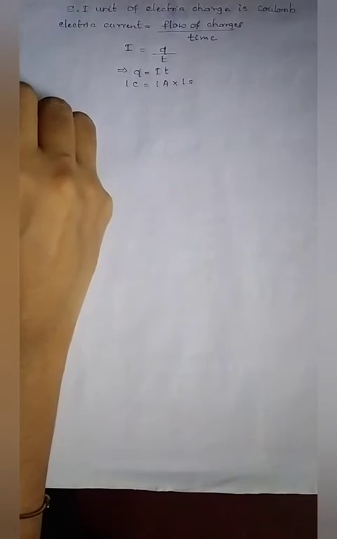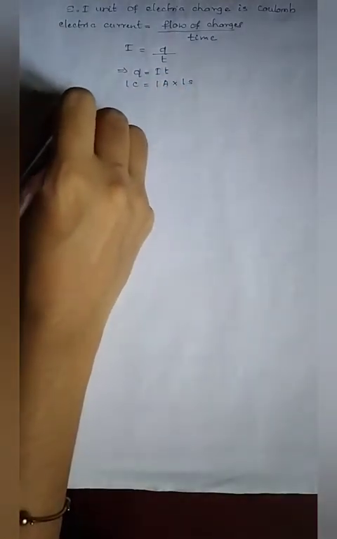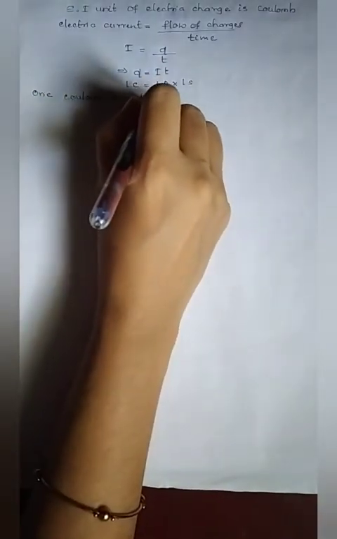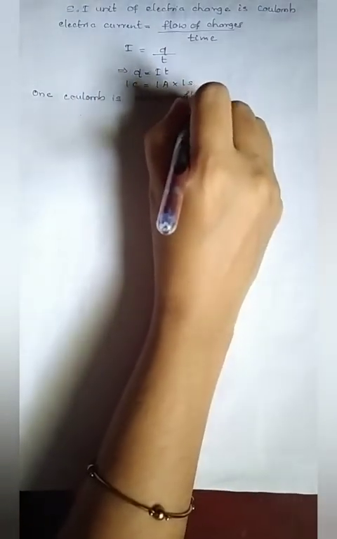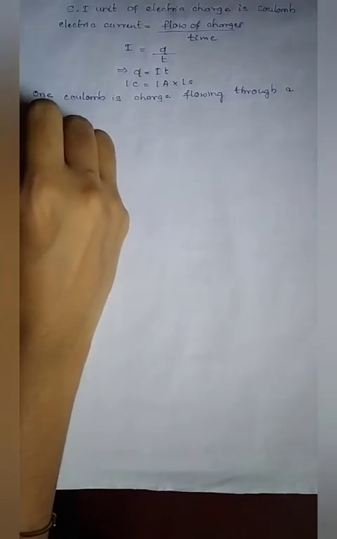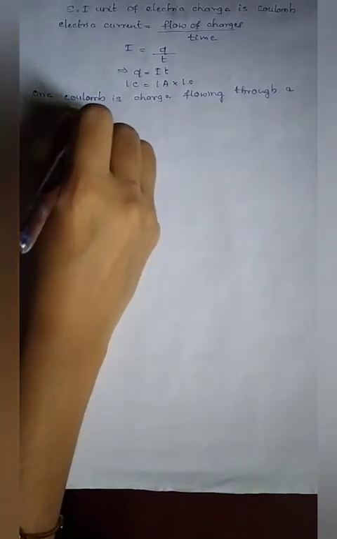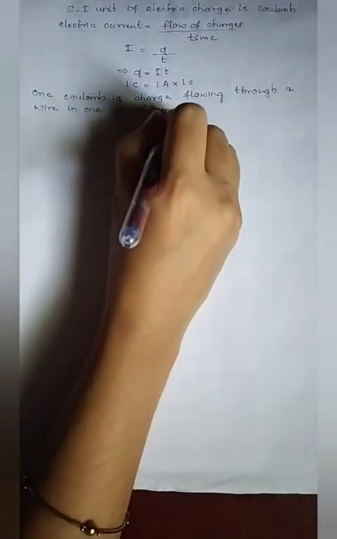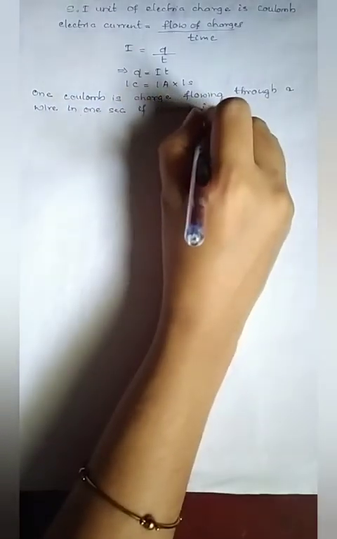So according to this expression, 1 coulomb is the charge flowing through a wire in 1 second if the current is 1 ampere.